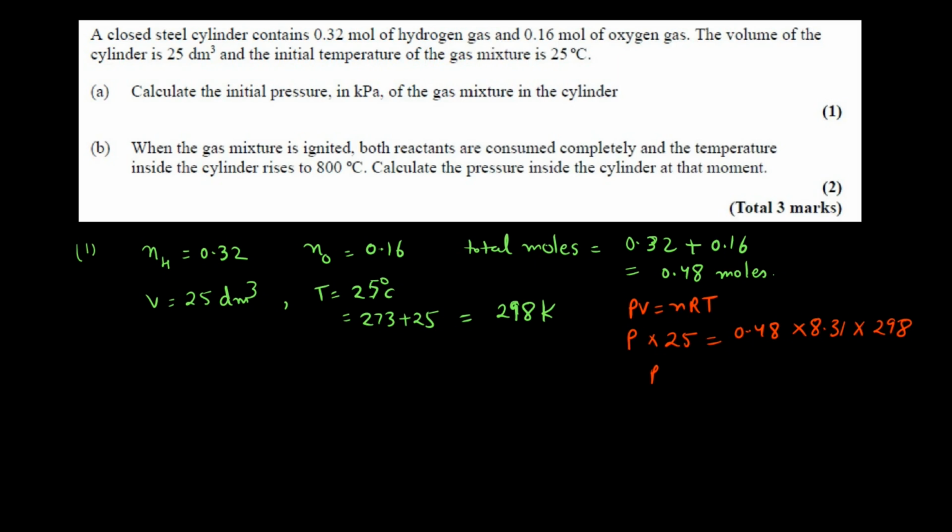So from here pressure comes out to be 0.48 multiply 8.31, 298 divided by 25. Since the least significant digit is 2, we will report our answer in two significant figures.